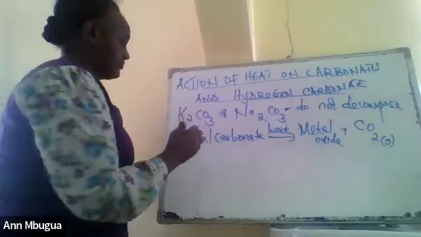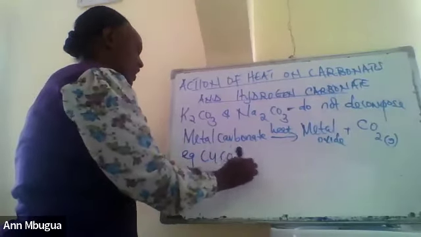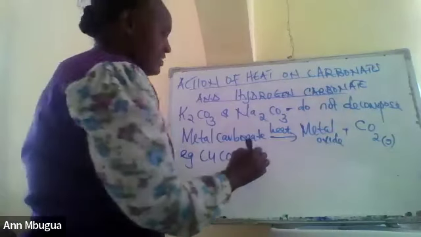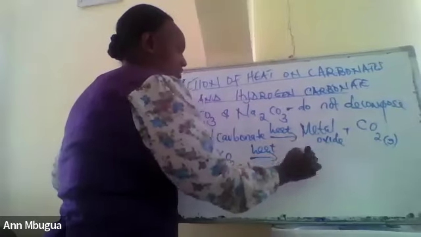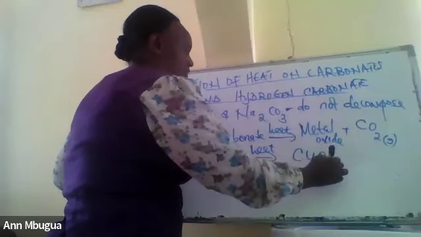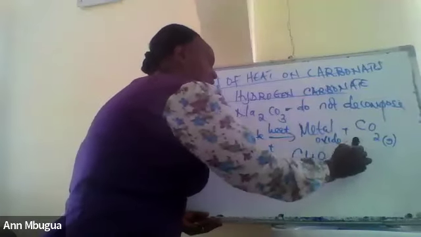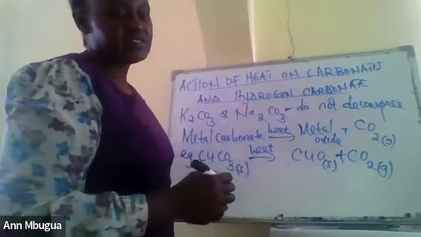For example, we can have copper 2 carbonate. If copper is below sodium in the reactivity series, when heated, the corresponding metal oxide will be copper 2 oxide and carbon 4 oxide.